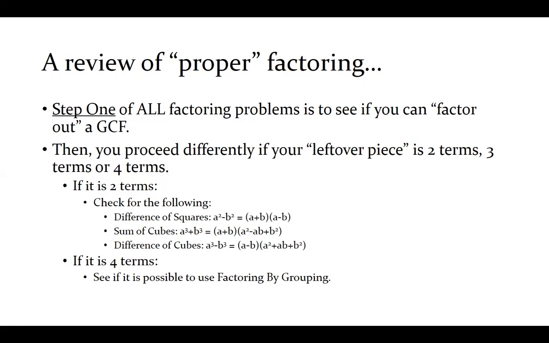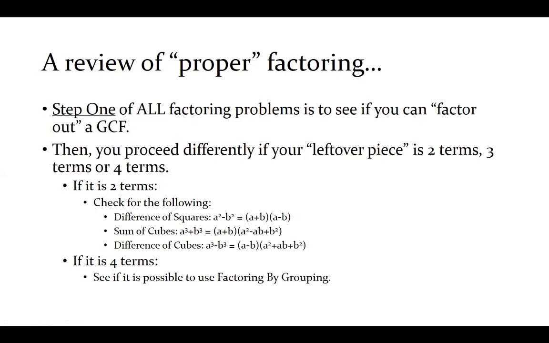If it's 2 terms, we check for one of the following 3 situations: a difference of squares, a sum of cubes, or a difference of cubes. So is it in the form a squared minus b squared? Is it in the form a cubed plus b cubed? Is it in the form a cubed minus b cubed? If it is one of those 3 situations, then we use one of the 3 special factoring formulas.